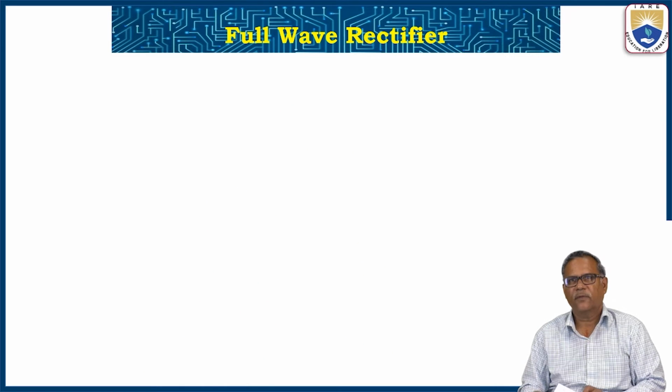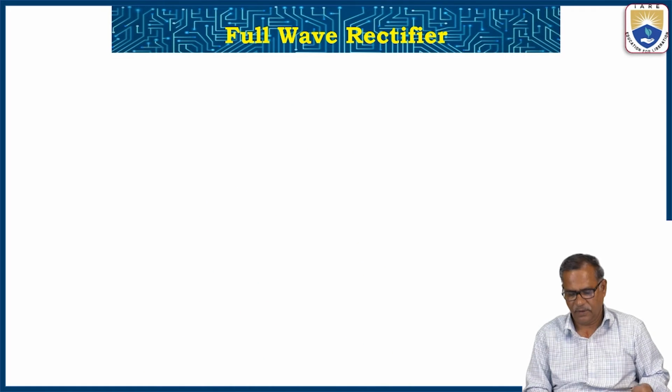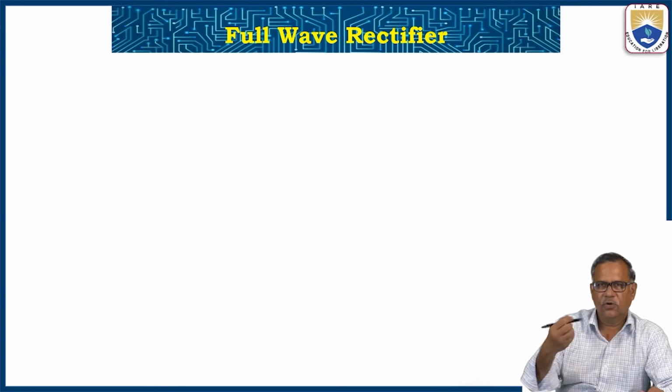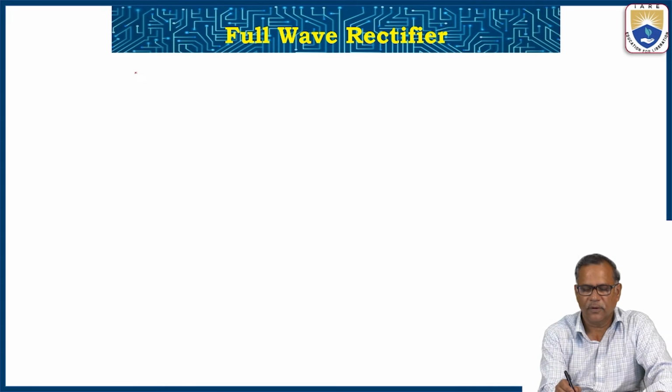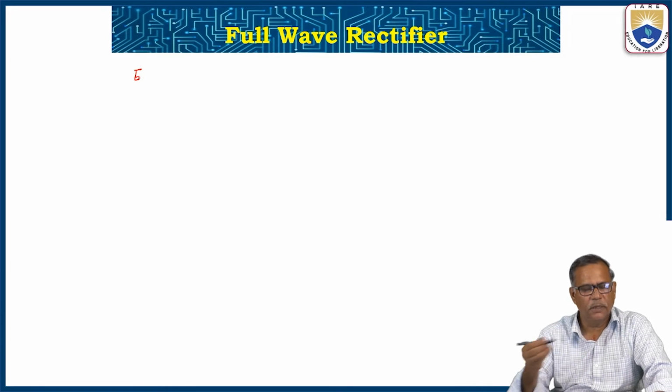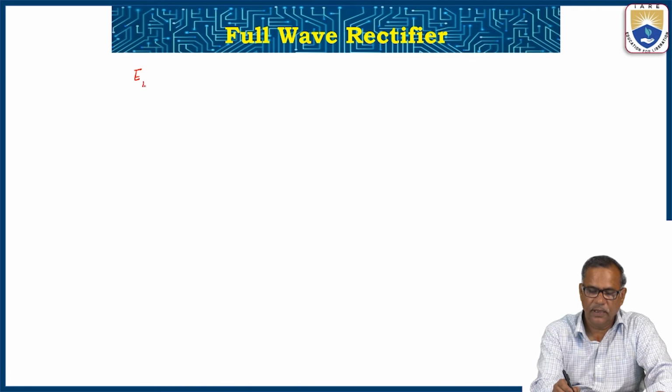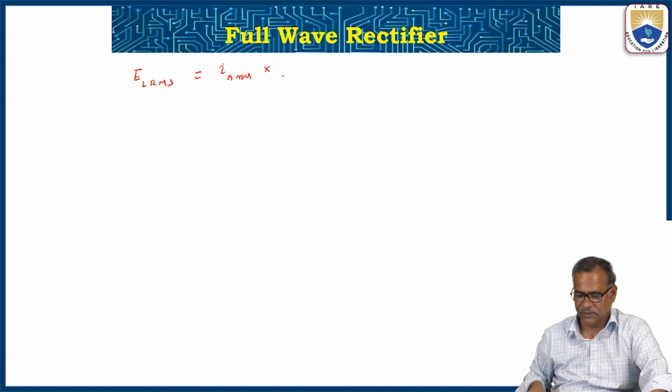The next parameter what we are going to discuss is the RMS value of the load voltage. So how do we calculate it? We multiply the current by the resistance. So the ELRMS, we take the RMS value of current, IRMS, and we multiply it by the load resistance, RL.